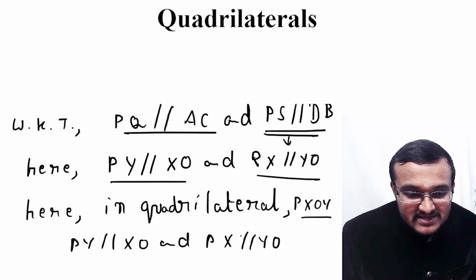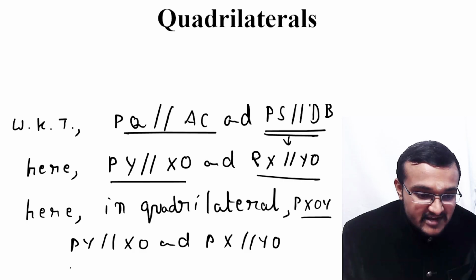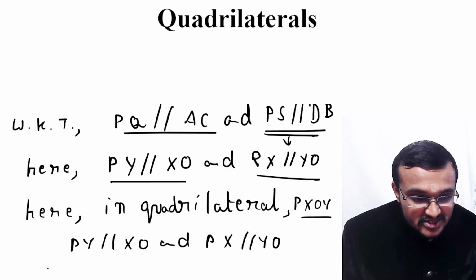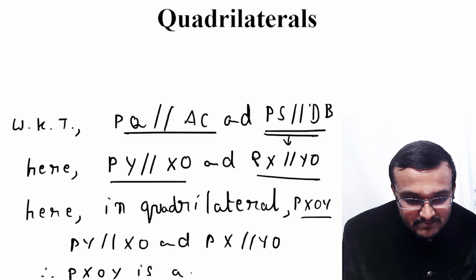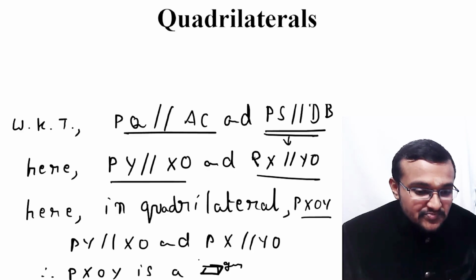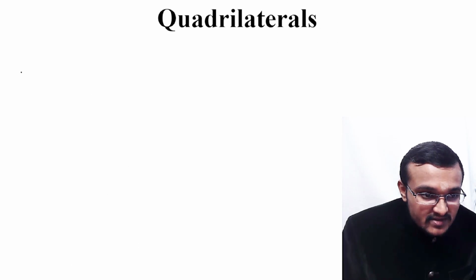So that means opposite sides are parallel to each other. Therefore PXOY is a parallelogram. And we already know XOY is equal to 90 degree.